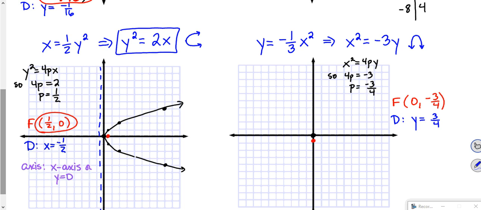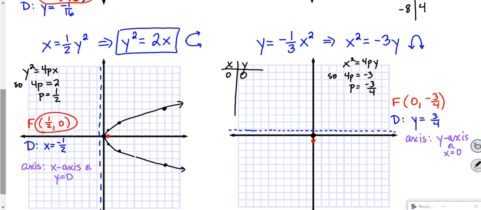Remember, it's the opposite sign, so not quite to 1. And then your axis of symmetry, of course, is going to be your x-axis. Oh, sorry, I said x, I meant y. Your axis of symmetry is your y-axis or the line x equals 0. And then again, if we plot some points here, let me just make a little table up here.